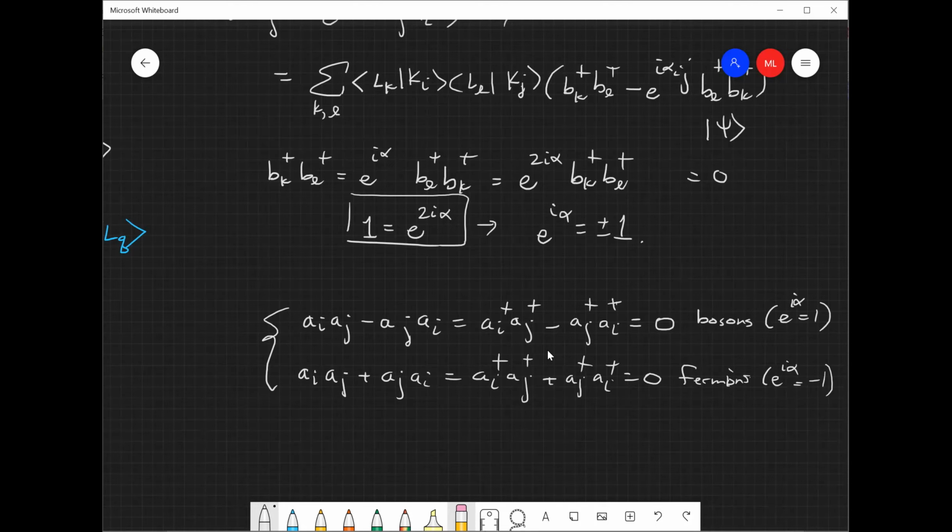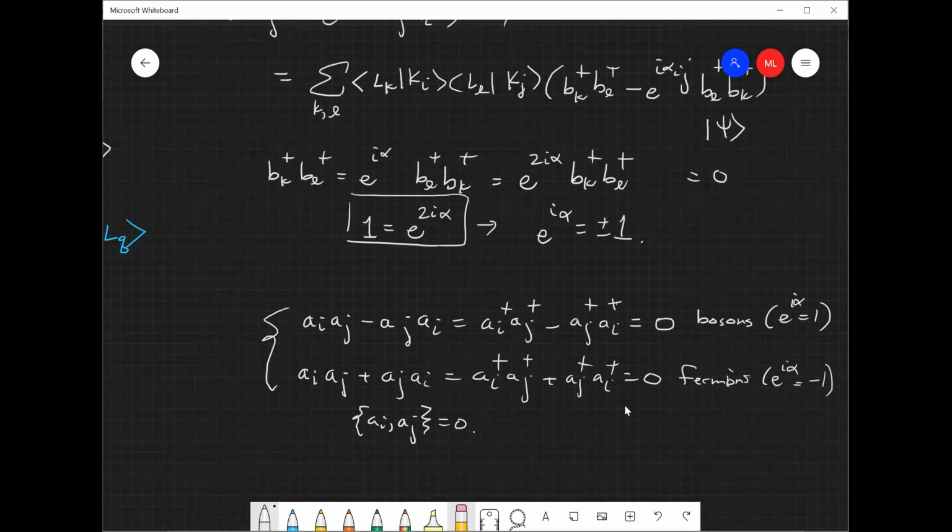And anti-commutation is often written with the little curly braces. But look at this. If you have things that are anti-commuting, this automatically gives you the Pauli principle, right? Because if i is equal to j, then you automatically get that a_i squared is equal to 0. So you can neither remove two fermions nor add two fermions in the same state. You just get 0.